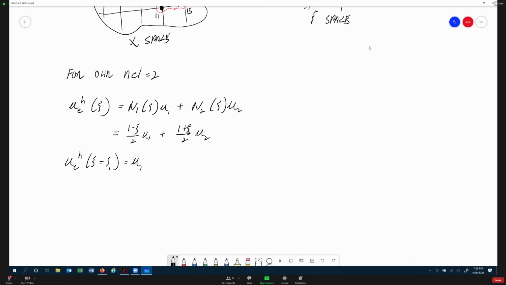So this is when ξ equals -1. And we have u^h at ξ equals ξ2 is equal to u2, and this is when it equals +1, where u1 and u2 are nodal displacements.